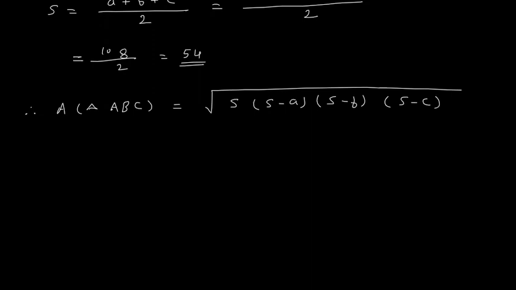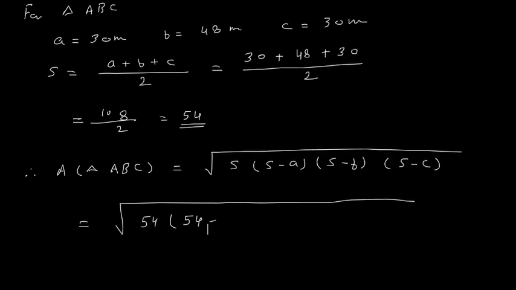The value of S is 54. S minus a: 54 minus 30. Then 54 minus b is 48, and 54 minus c is 30.